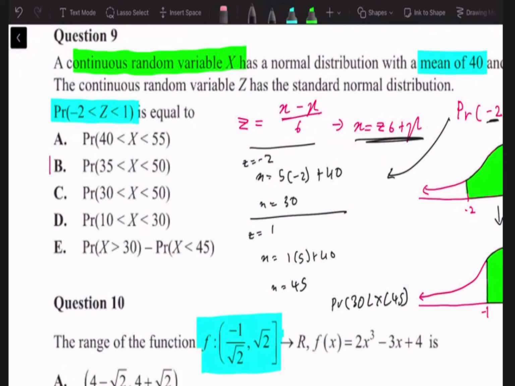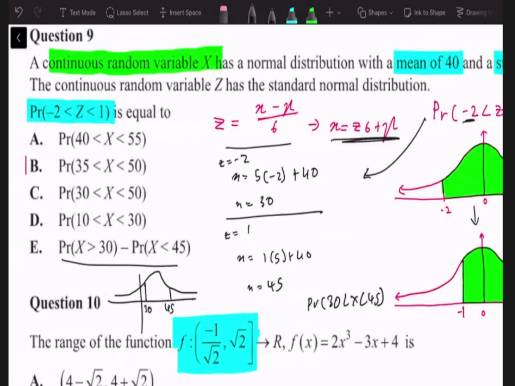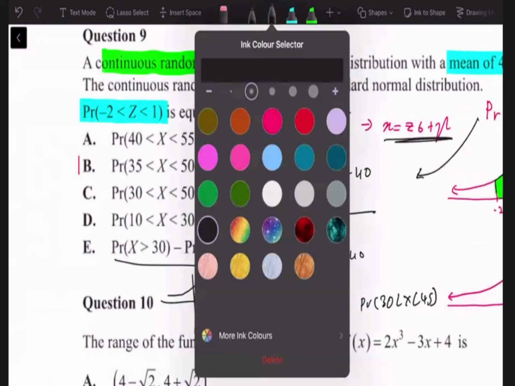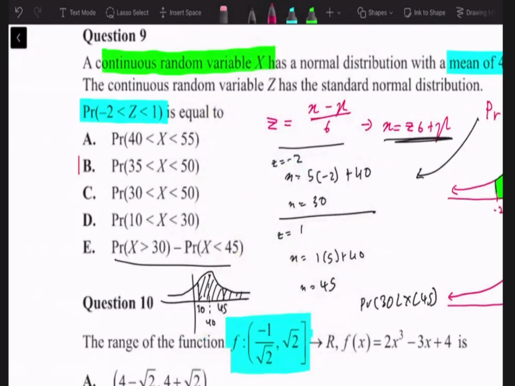If we look at this one, that's saying the probability x is greater than 30 minus the probability that x is less than 45. So say this is 30. Oh, yeah, this is 45, because they're all 1 standard deviation away from the mean, which is 40. So it's saying this area minus this area.